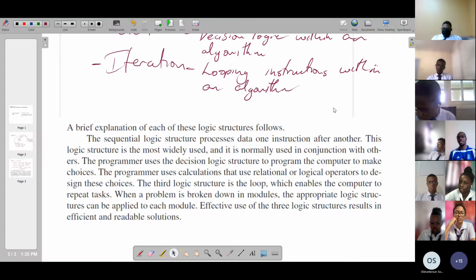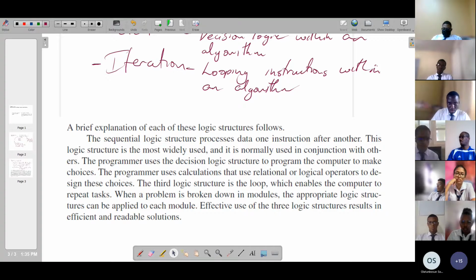So it does not matter whether you're doing programming for the web, or creation of operating systems, application software, or embedded software. Once you are doing programming, yeah, iteration is looping, sorry, once you are doing programming, then you have to follow these rules.